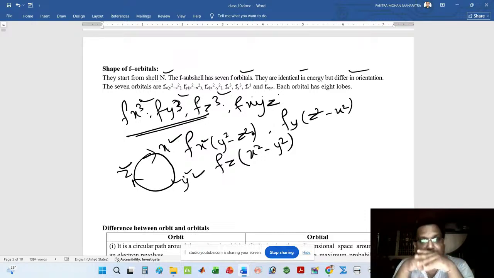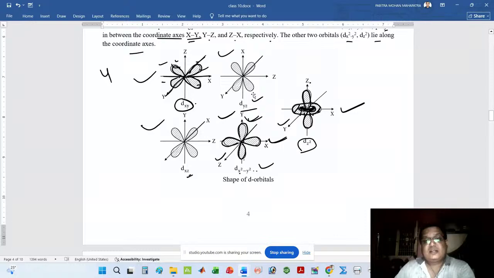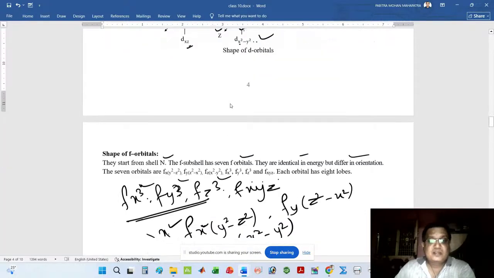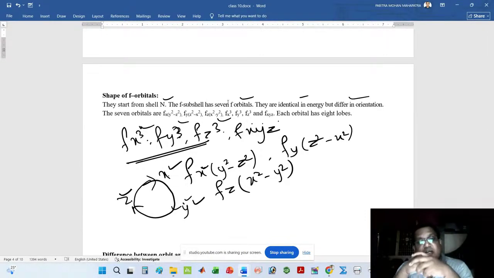Remember a very important point. Since you belong to the plus 2 level, and the shape of f orbital is very complex, think about the d orbital, it is very difficult to understand. Since you belong to the intermediate level, it is not necessary to understand the shape of f orbitals.